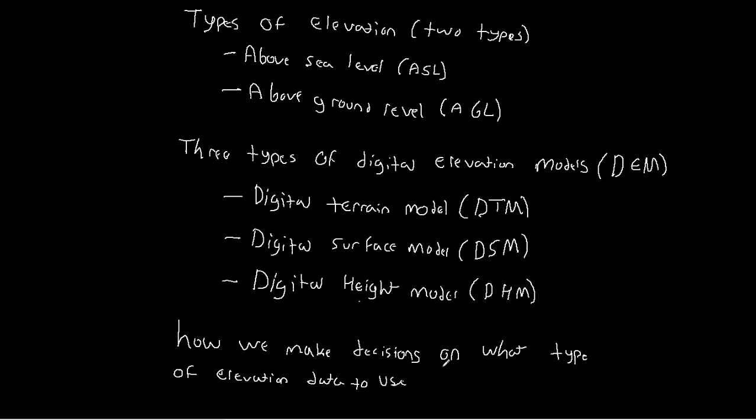So again, just to recap what we're going to talk about in this module, we're going to talk about the types of elevation, above sea level and above ground level. We're going to talk about the three different ways that we can actually store digital elevation, whether it's a terrain, a surface, or a height model. And then we're going to sort of take a step back and say, okay, how do we make decisions on what type of data we want to use?